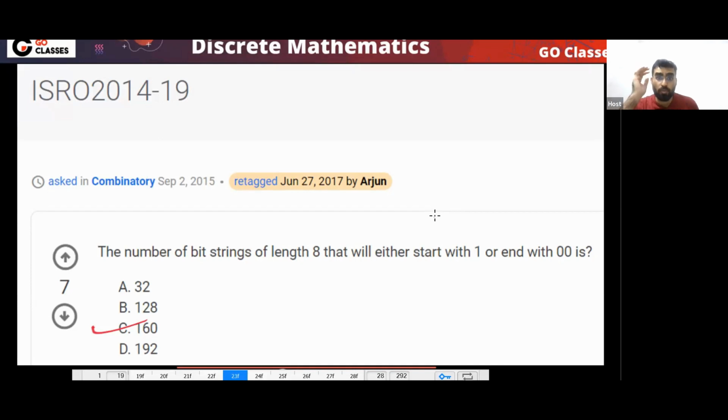Most of the questions that these ISRO people ask come from previous exams like GATE, NAT, or many other university assignments and all. So this is the idea.